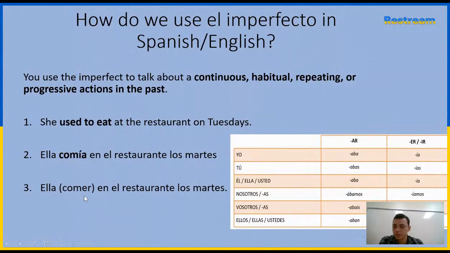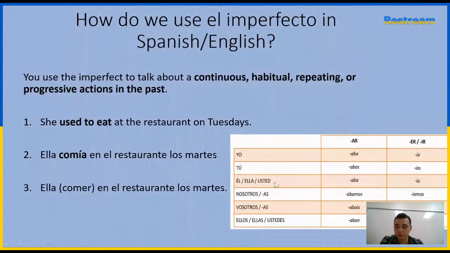When you conjugate a verb in Spanish, there are a few grammatical items that you need to consider to make sure that you're using the correct verb ending for the imperfect tense. The first thing you have to identify is the subject pronoun. In this case, we're using ella to describe the person that we're talking about. The second is your verb and your verb ending. So we have the verb comer, and your verb ending is er.